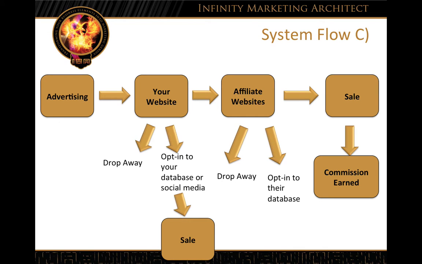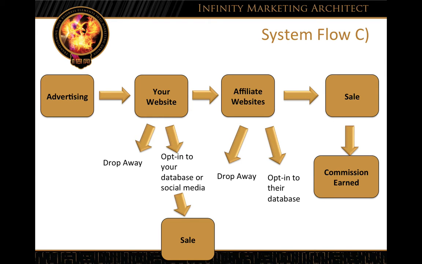Now option C, the flow when it comes to option C is as you see here on the slide. I know it looks a little bit more involved, but let me just walk it through for you. You've got your advertising, just like option B. You've got that ad that you've placed.